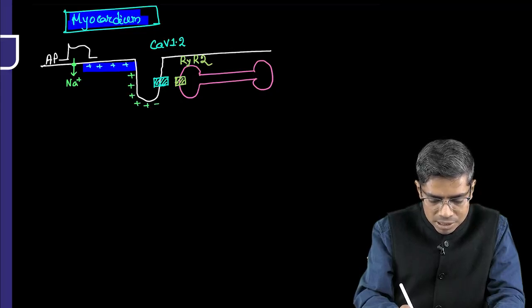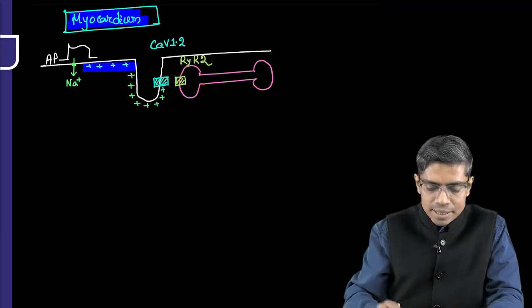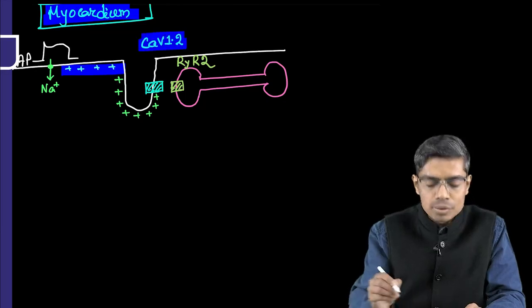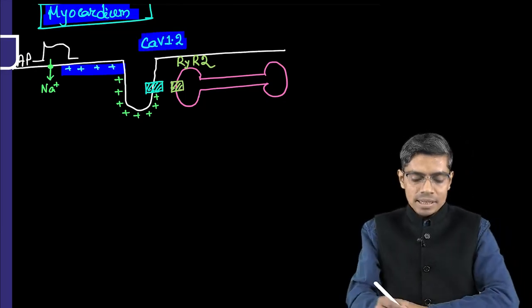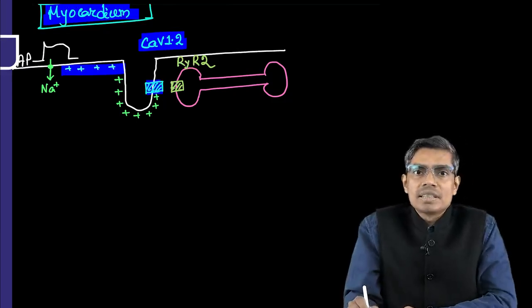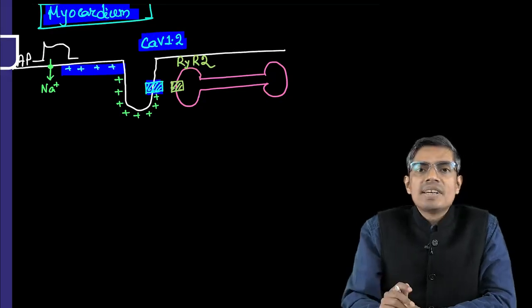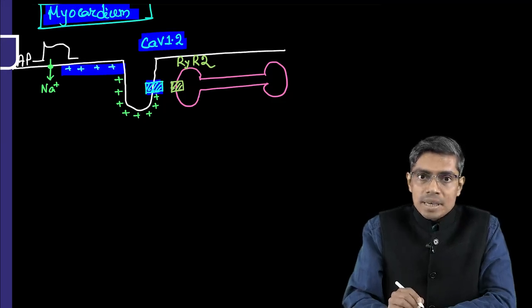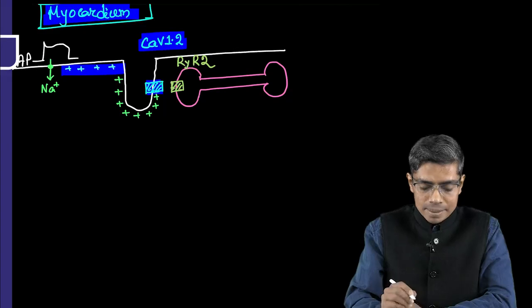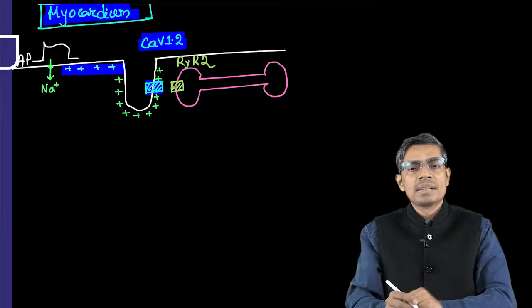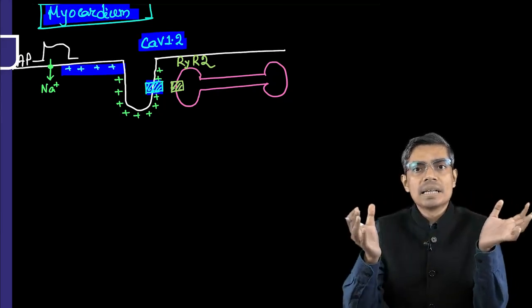So it is traveling through the T-tubules and it is going to activate the DHPR channel, that is the CaV 1.2 type of channel. As you can find out here, although the channel is a DHPR channel, an L-type voltage gated channel, it is a different subvariety in case of myocardium, and that's why this DHPR channel in myocardium, whenever it is activated by depolarization, will open up itself.